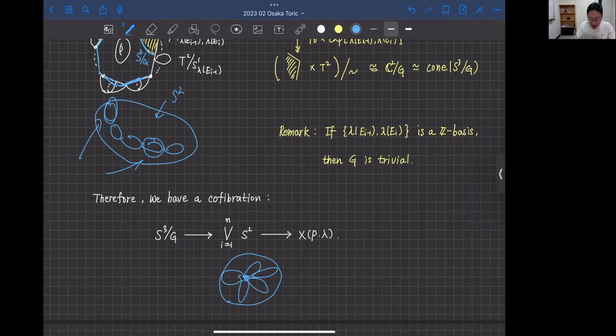Every computation comes after we deform the space up to homotopy equivalence.